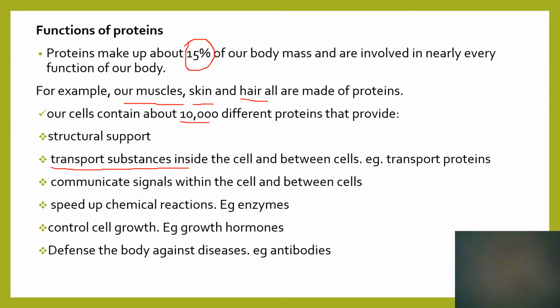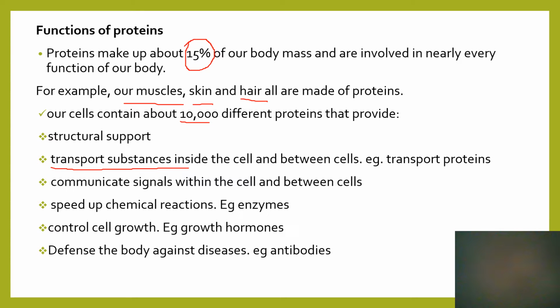For example, when protein molecules are joined with carbohydrate, glycoprotein molecules are formed. Therefore, these molecules are very important for cell-to-cell communication and for cell-to-cell recognition. Still, these proteins are very important in speeding up chemical reactions.